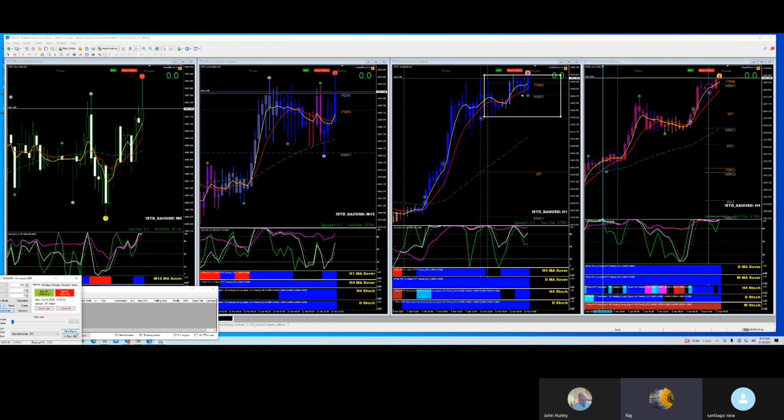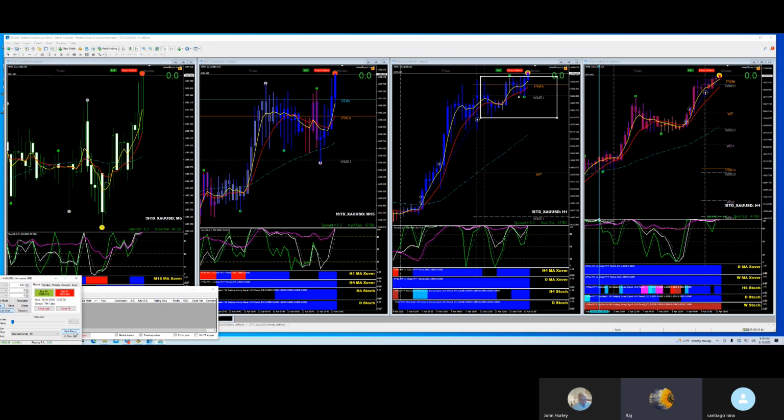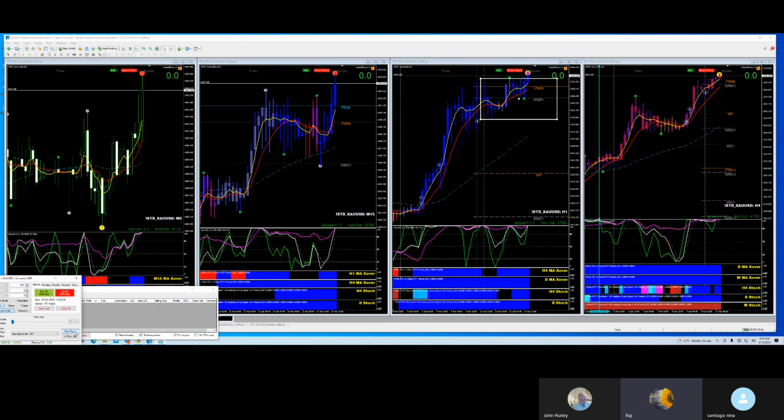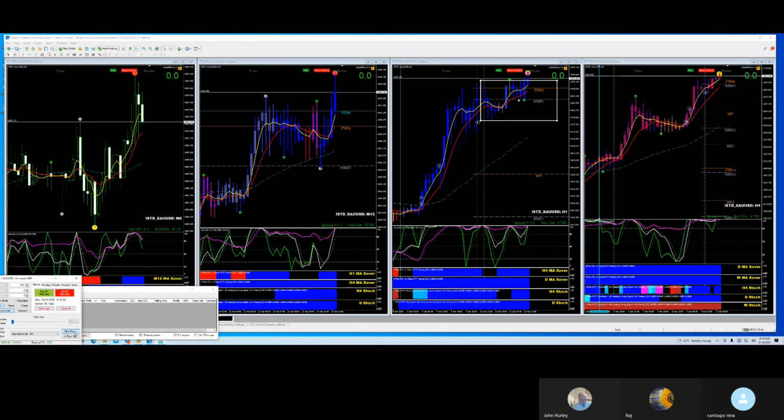Let's say I did 4 trades. 4 trades would allow me to do 10 lots each with a 50 pip stop loss, assuming that not everything would go against me. So 10 lots, let's say 400 pips, that's 40,000 for that week.